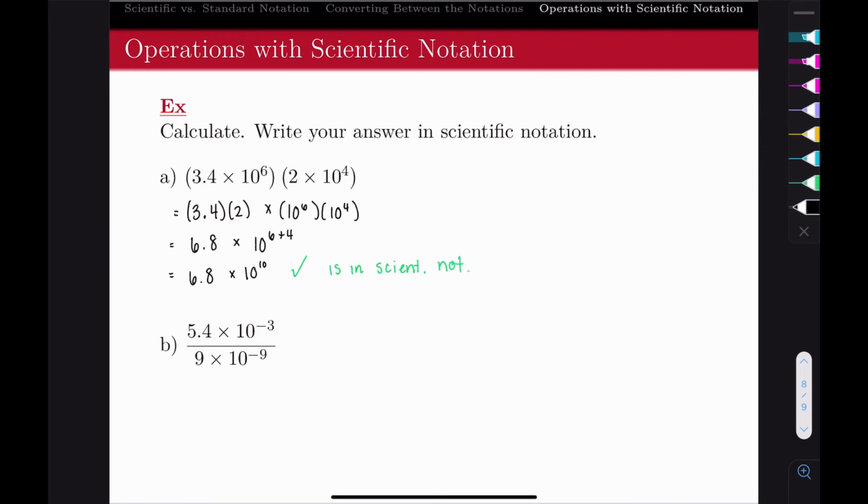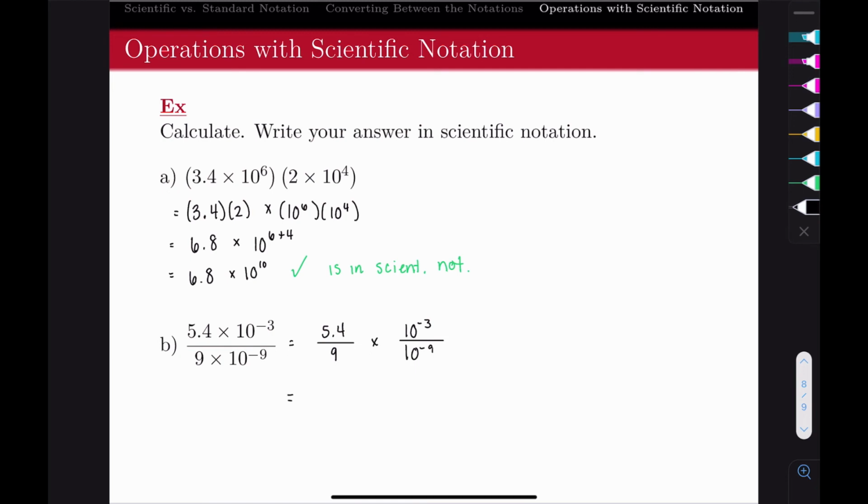Okay. We're going to see in this next one, it's not going to work as well. But we still get to apply the same concept. So I'm doing this division with multiplication. We can go ahead and split these fractions. We'll put the 5.4 and the 9 together, and the 10 to the -3 and the 10 to the -9 together as well, because we would just multiply these 2 fractions across.